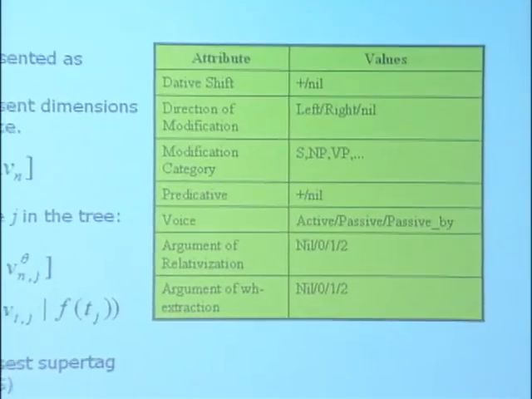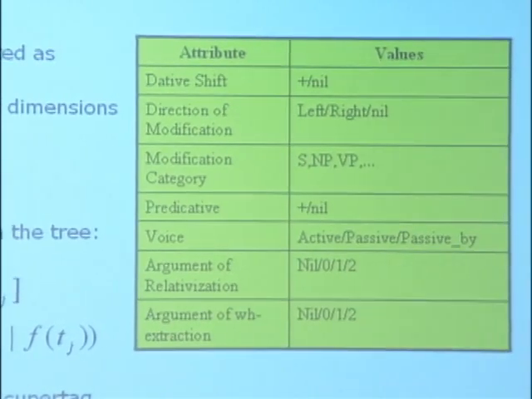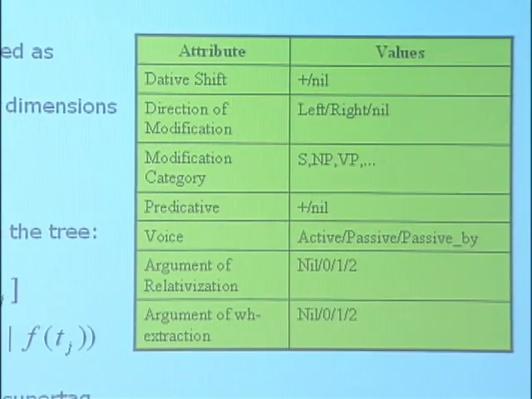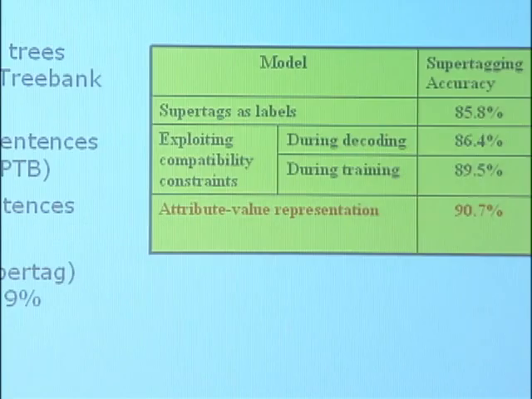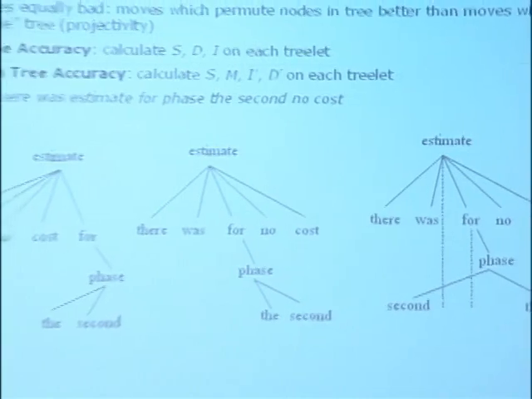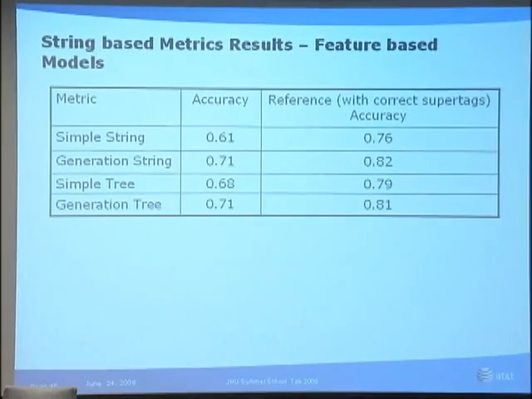Then you can ask the question: can I get the super tag that is the closest to some legal super tag based on classification on each of these 7 dimensions? Those are some of the details, but you can look at that. I'll skip those slides, not relevant.